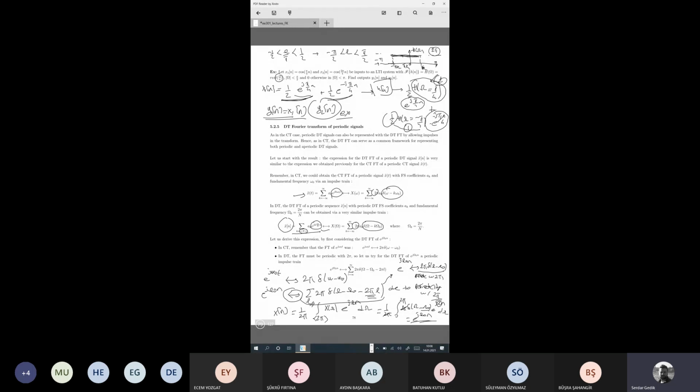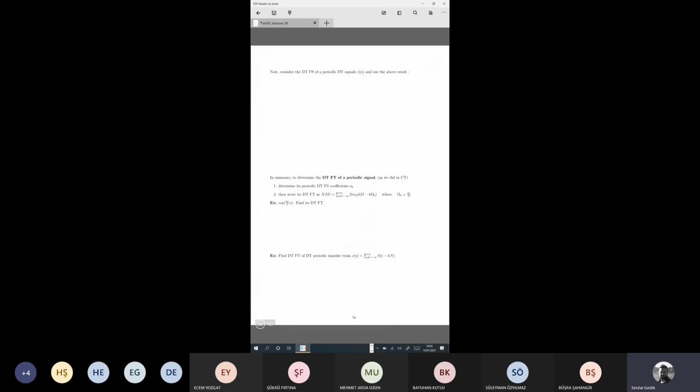If you write this, you do not need those summations and shiftings, because the summation and shifting is to make this signal periodic. But if you specify that it is periodic, then you do not need to write this summation term.